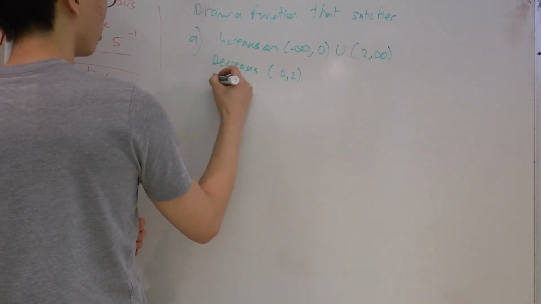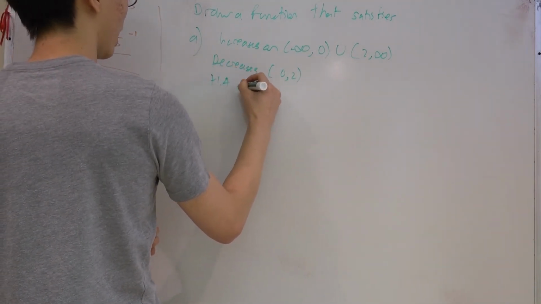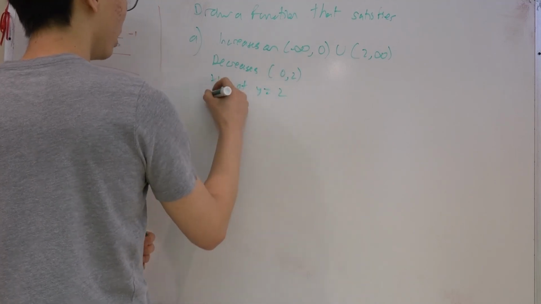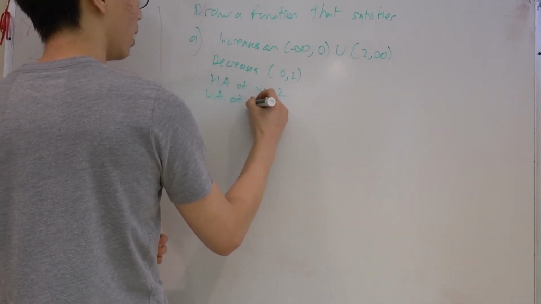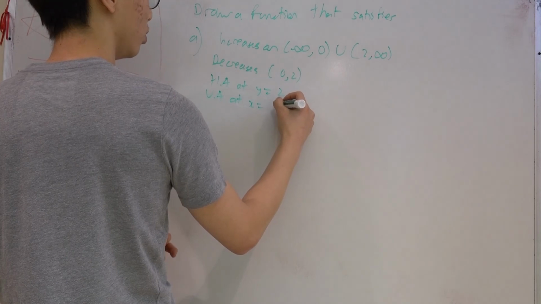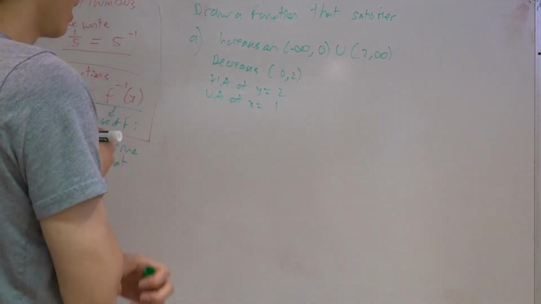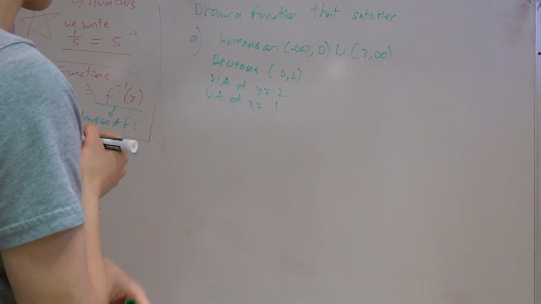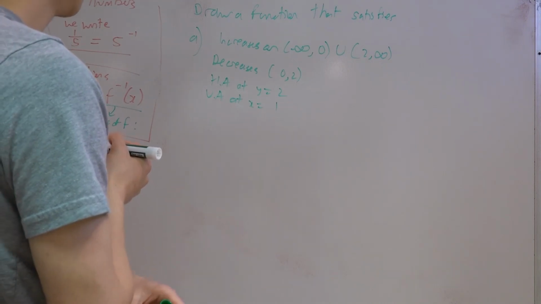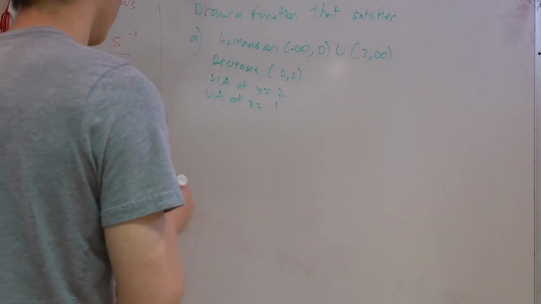Okay? And I also want a horizontal asymptote at y equals 2, a vertical asymptote at x equals 1, and then, let's see, what can we do? I think that's about all I want to do.